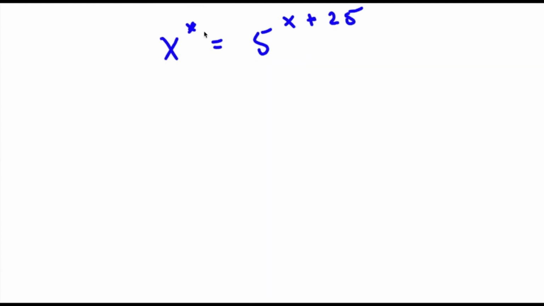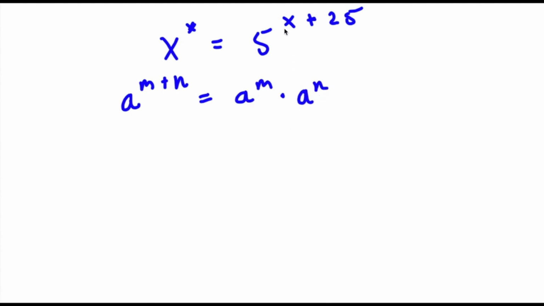So we have x to the power of x is equal to 5 to the power of x plus 25. Now, the first thing is, if we have something in the form a to the power of m plus n, this is equal to a to the power of m times a to the power of n.